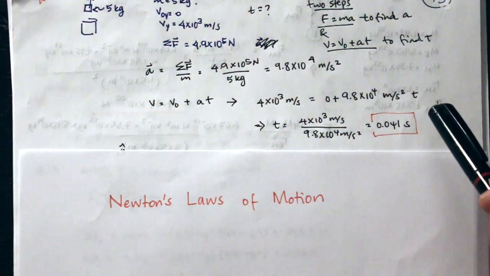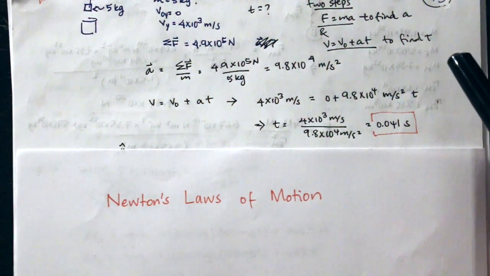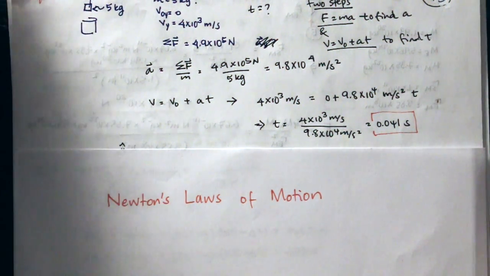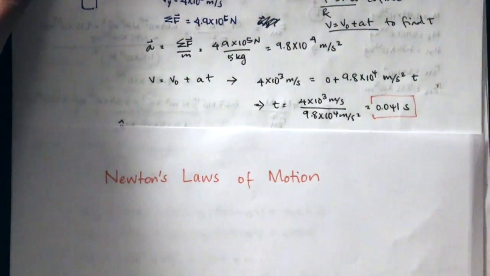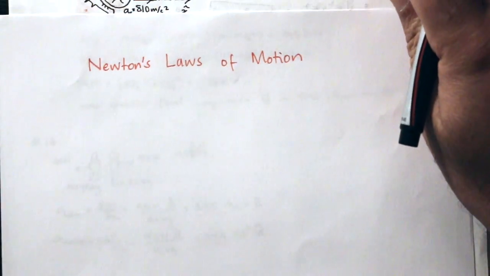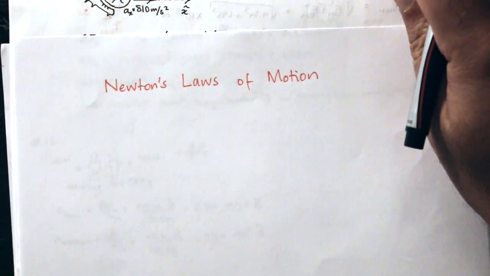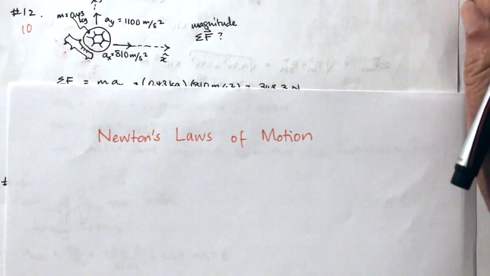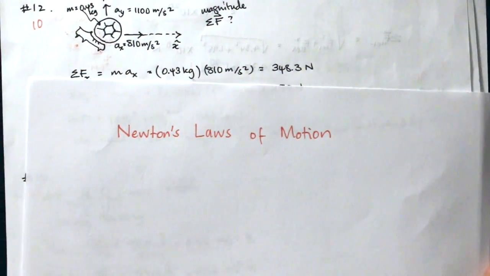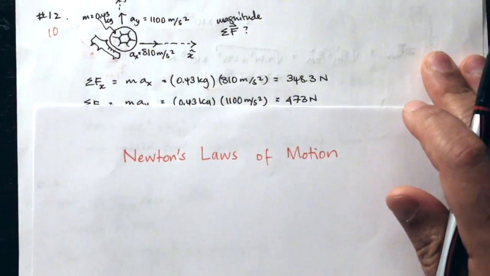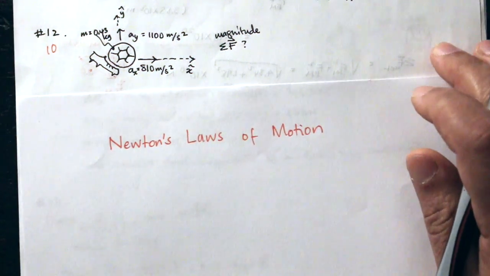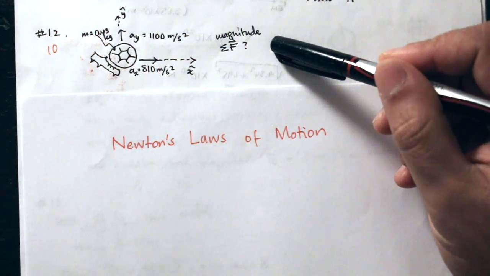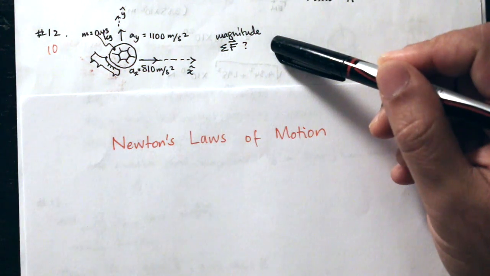Okay, now to question number 12. I would pause, go read the question stem, and then come back for the solution. Question number 12 is about a soccer ball that's being kicked, and I'm given the x and the y accelerations, and the question is asking about the magnitude of the net force. Now there are 2 ways to go about this.